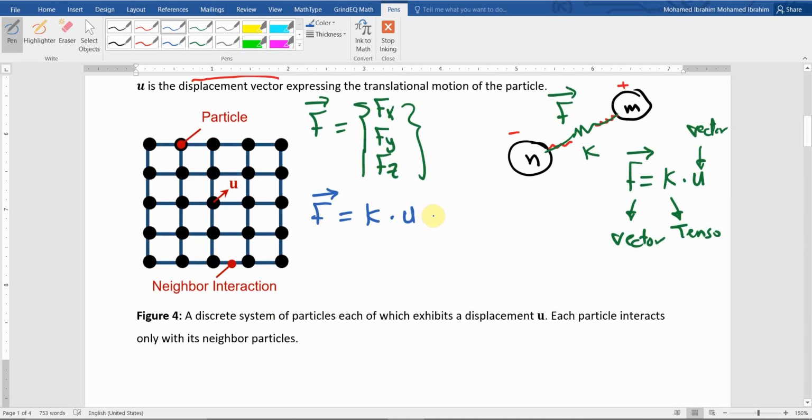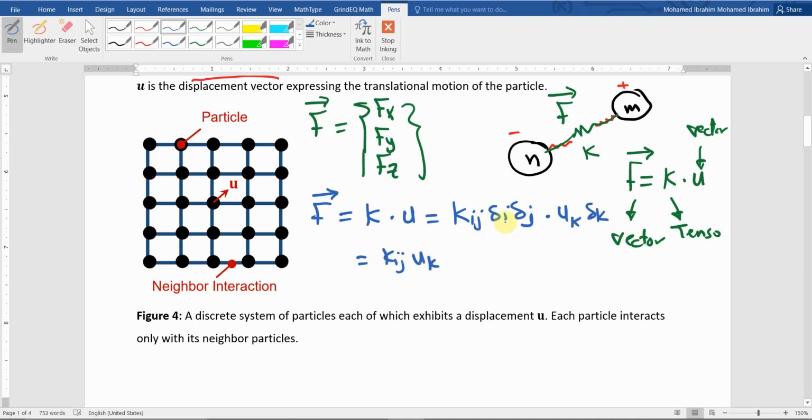So if we decide to write this in terms of the elements of this tensor and this vector, we say that we have k_ij δ_i δ_j, which is the tensor form, dot, for example, u_k δ_k, right? Then we end up with k_ij u_k.